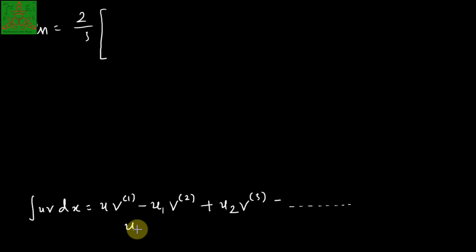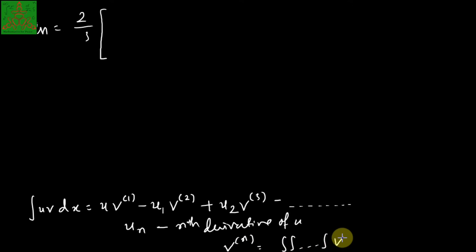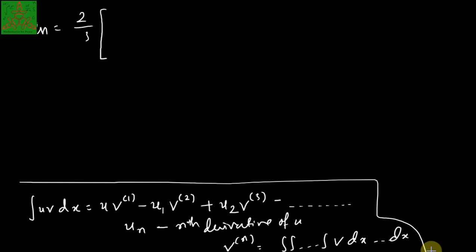The un is the nth successive derivative, so it is the nth derivative of u, and this notation is the successive integration of v with respect to x. So this is the generalized integration by parts we have.